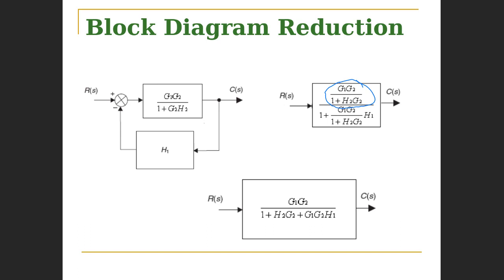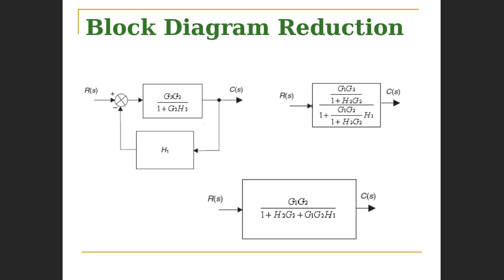If we multiply this expression here by 1 plus h2 g2, it will cancel this aspect of it. I'm sure we can see that. But we also recognize that if we are to have the function maintaining the same value, or maintaining its form, then we have to do the same thing to the numerator. That's not a problem. Let's see what happens when we do that.